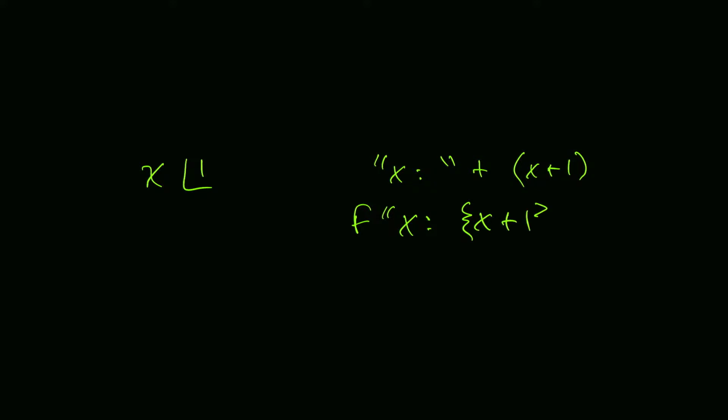What I want you all to appreciate here is that if we have a value x, and let's say its value is 1, what we've known up until now is if we wanted to write a string like x colon, and then in this example x plus 1, the way we did this with an f string was like this, and these are equivalent, right? Although actually I have a bug here. I needed to do str if I wanted this to work out.